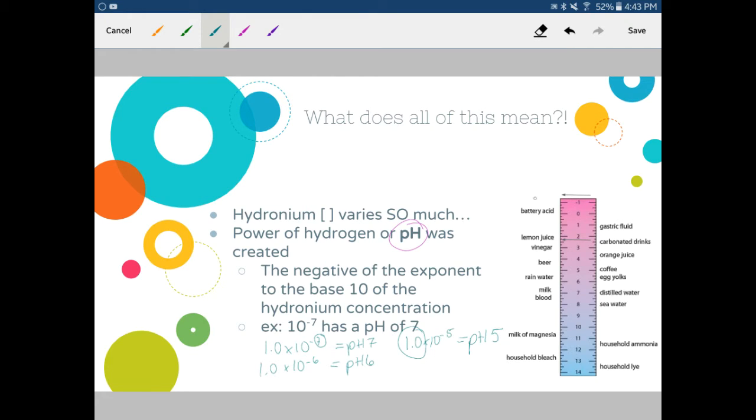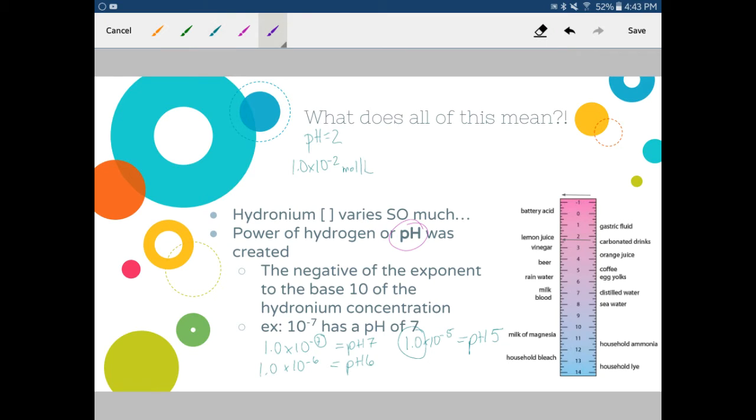So essentially, we see that from a pH of 2, pH equals 2, we have 1.0 times 10 to the negative 2 for my hydronium ion concentration. This is moles per liter.